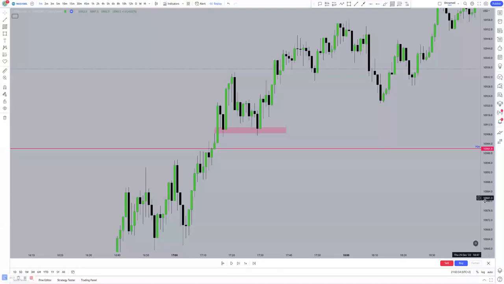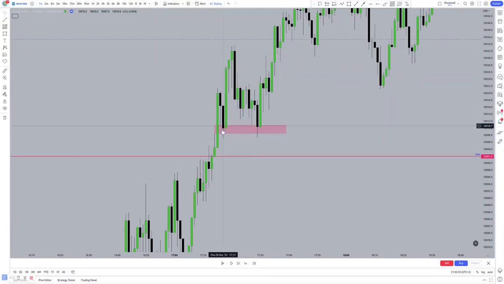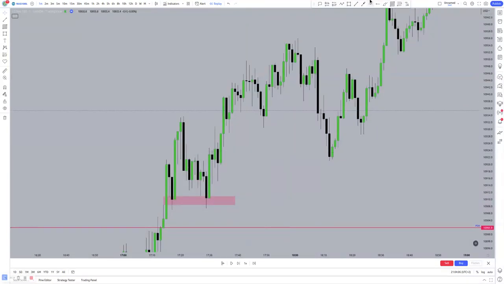Then price comes into it once and twice, and then price continues going up. All right, we have another fair value gap here. Price comes into it and price continues going up.